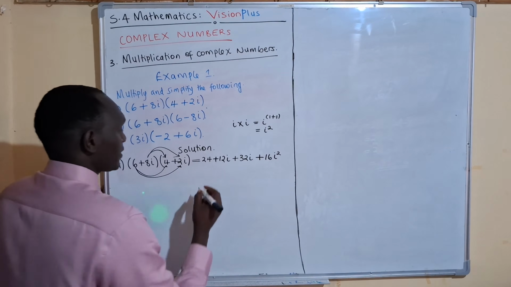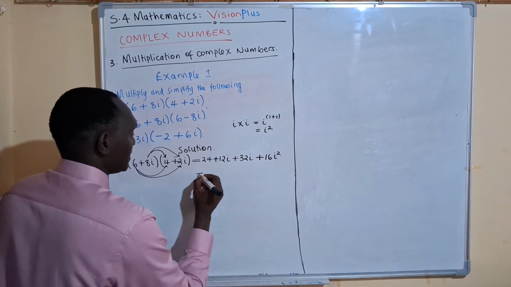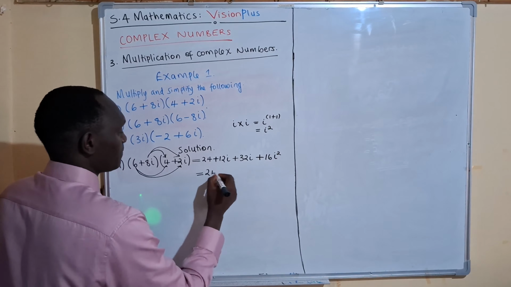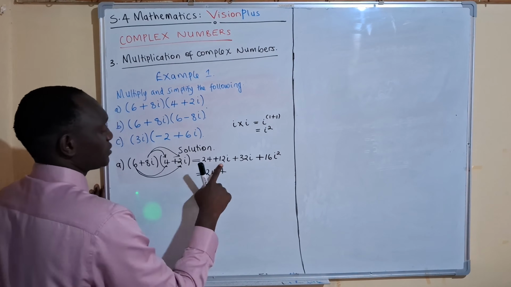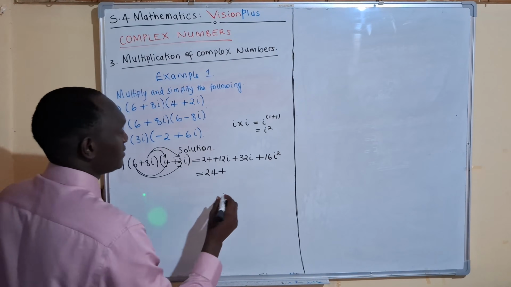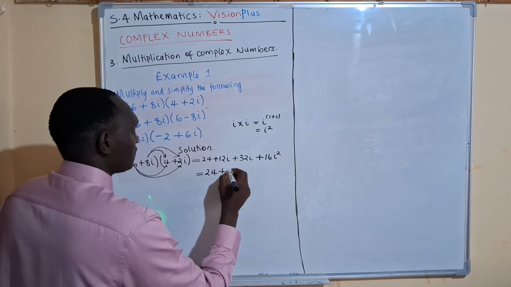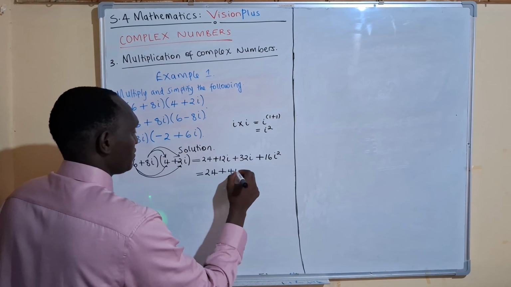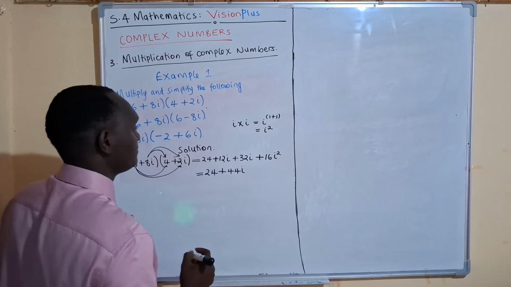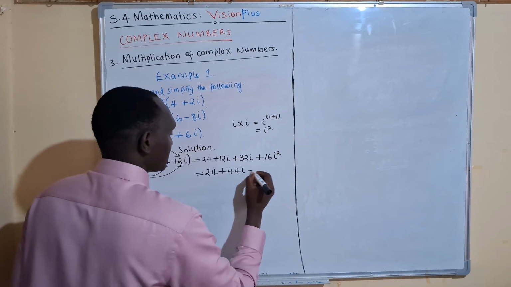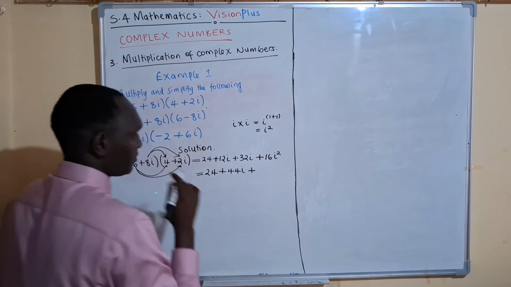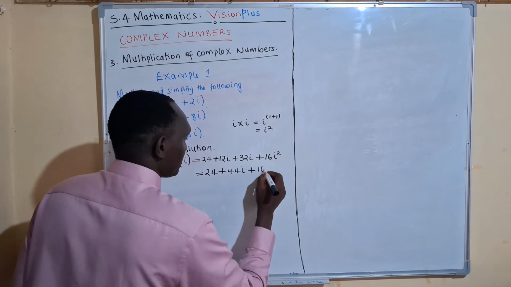And then let's further simplify this. This will give us 24 plus, what is 12i plus 32i? We shall get 44i. Yes, 44i. Use the calculator. And then plus. Remember, we are to simplify. So plus 16.